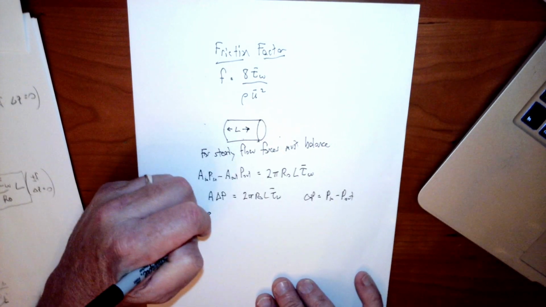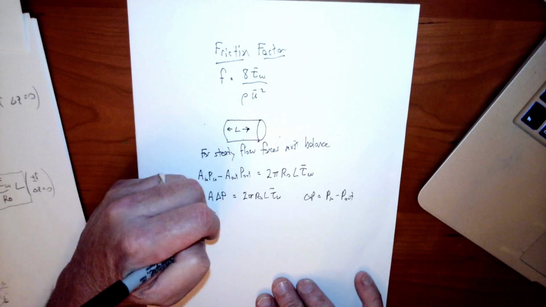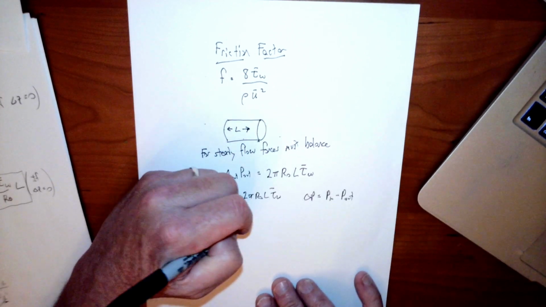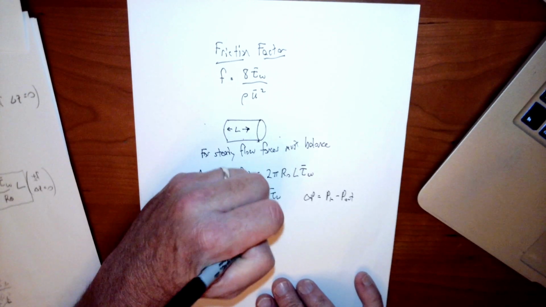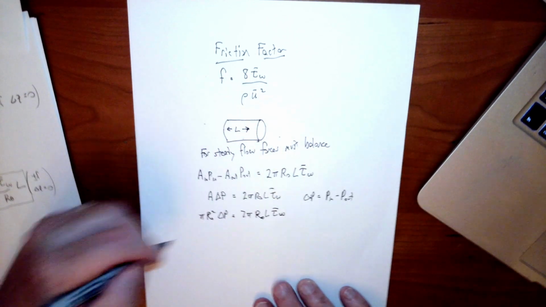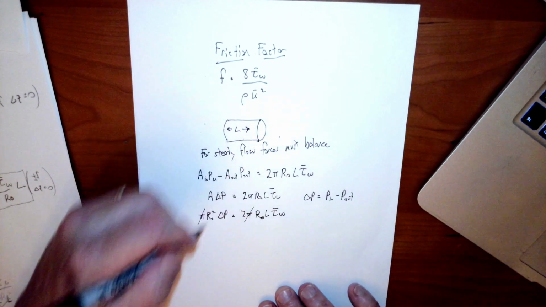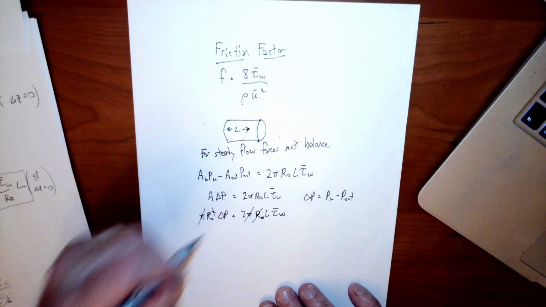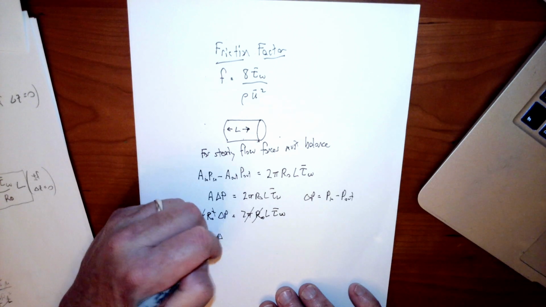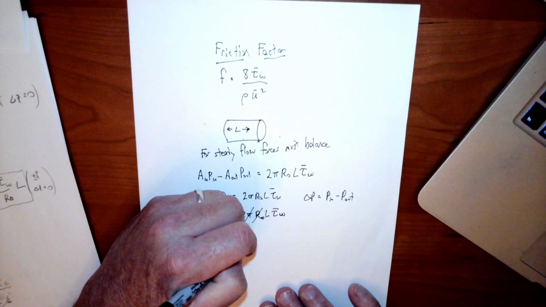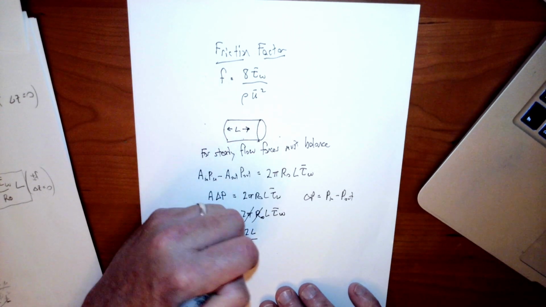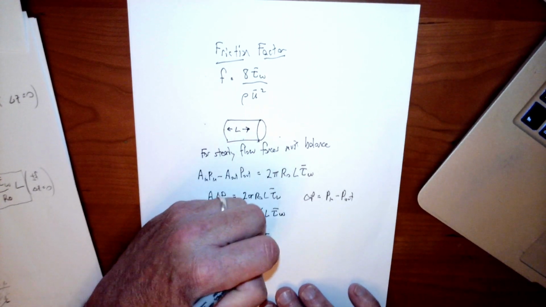The area is pi R naught squared. The area of a circle times delta P is equal to 2 pi R naught times L, and again, that average shear stress on the wall. The pi's, of course, are going to cancel each other. One of these r's is going to cancel. So we have a relationship for the pressure drop as a function of shear stress. So we have 2L over R naught times that average wall shear stress.